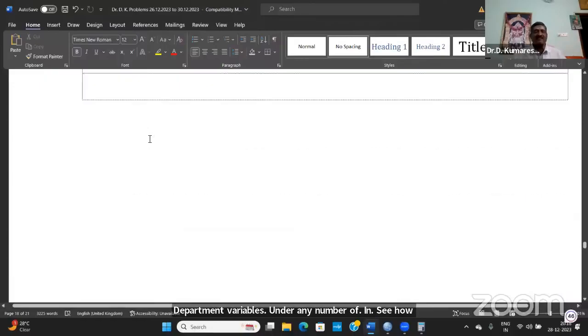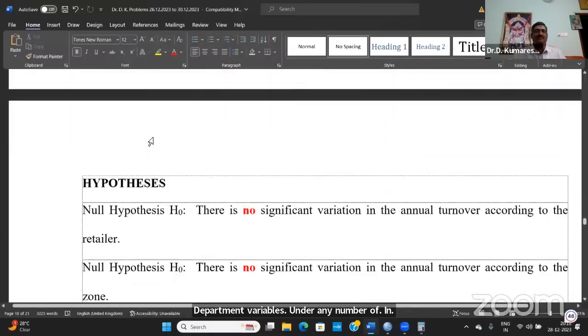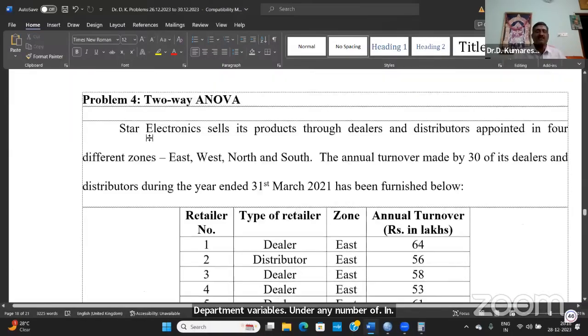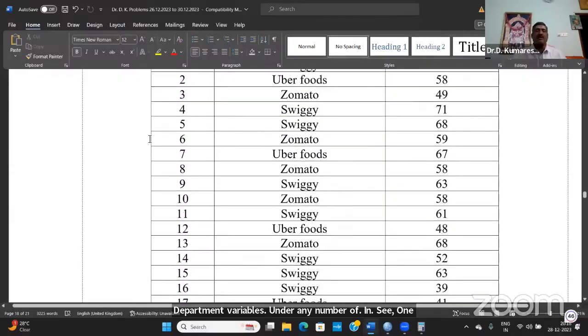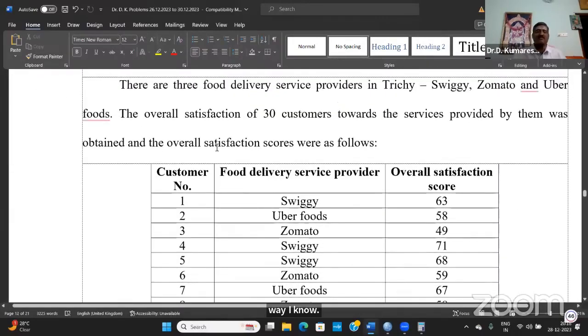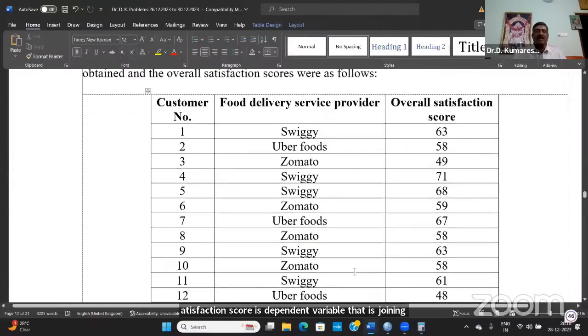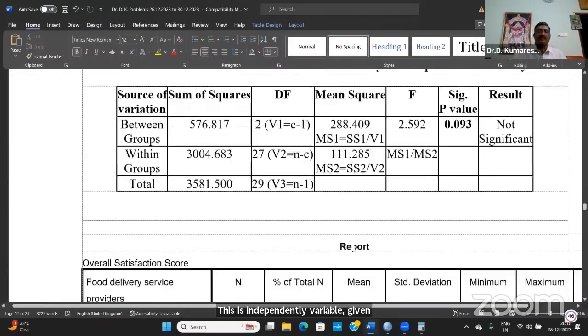See, earlier, in one-way ANOVA, we had only two variables, service provider and satisfaction score. Satisfaction score is the dependent variable, given in scale data. This is the independent variable, given in nominal data.